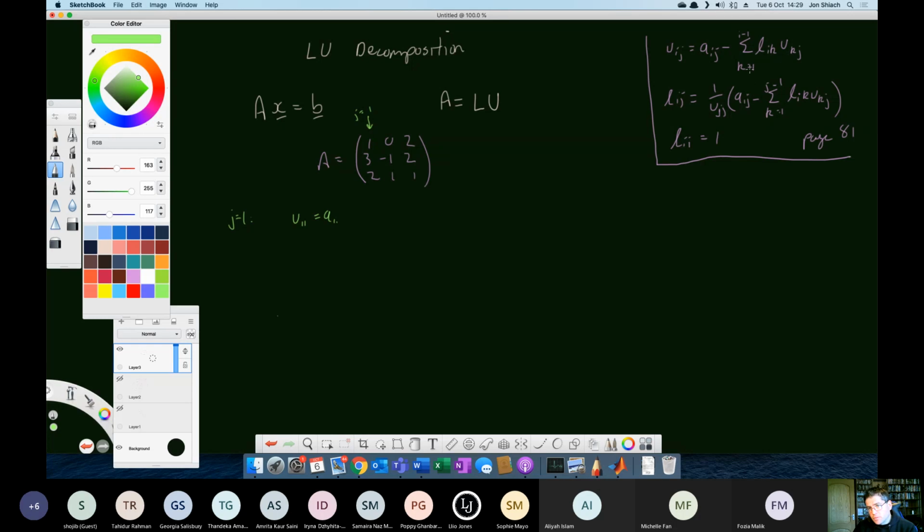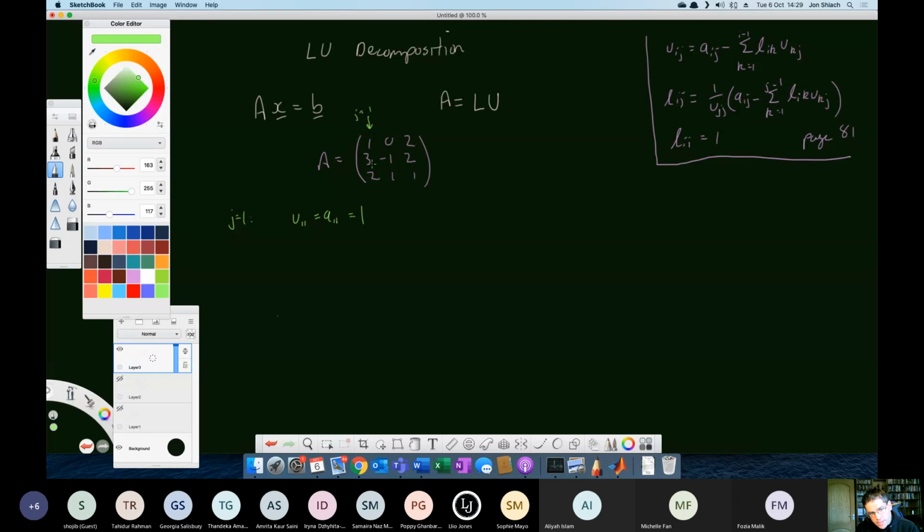This summation goes from k equals 1 to i minus 1. Well, i is already 1, so i minus 1 is 0. We don't have any zero elements in matrix notation, so that's just A11. So U11 is simply A11. So that's this element here.